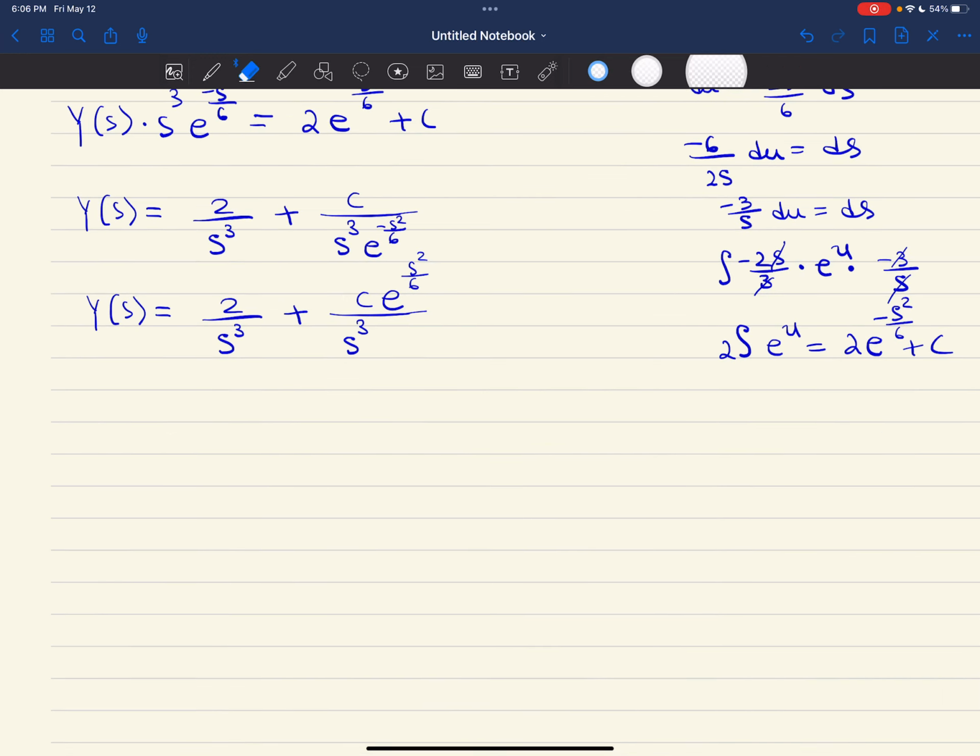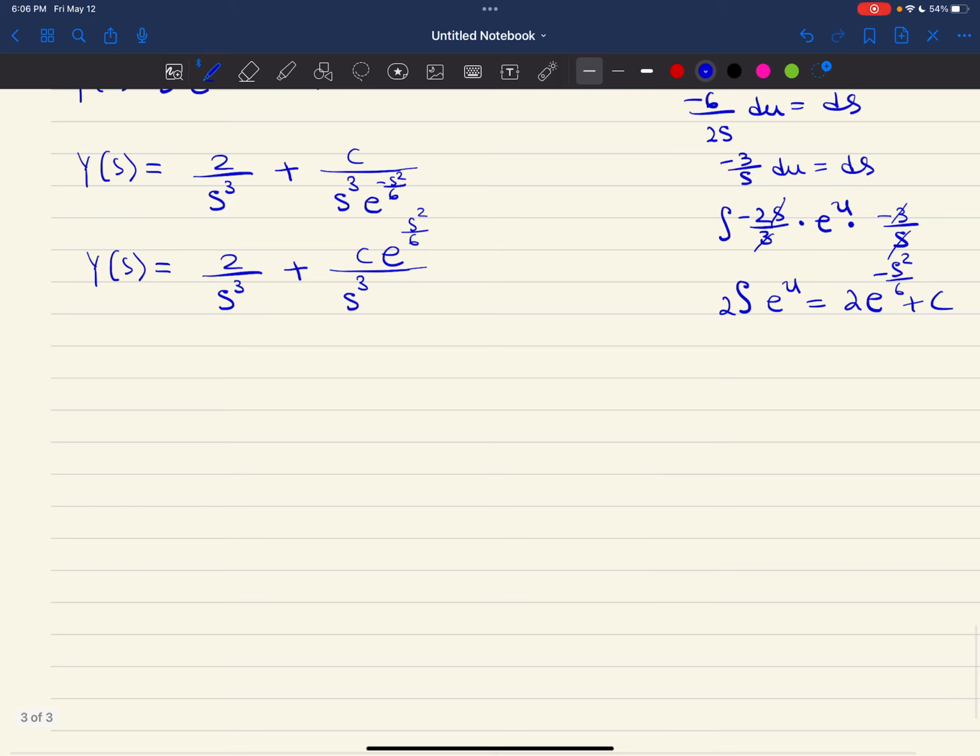There's a rule that says when you take the limit as s is approaching infinity of the Laplace of f of t, that just becomes 0 apparently.